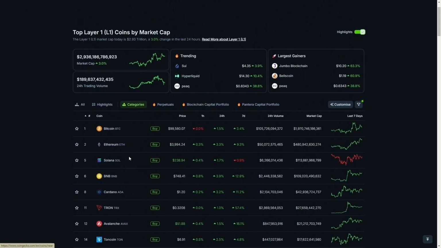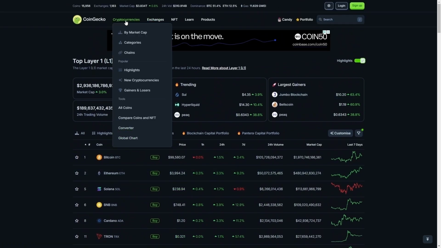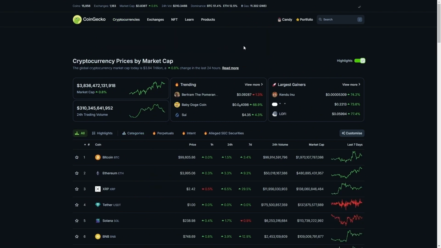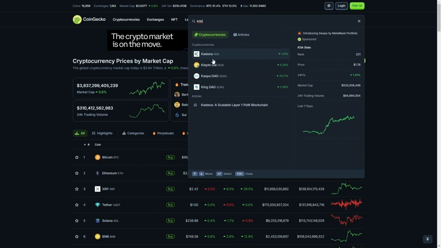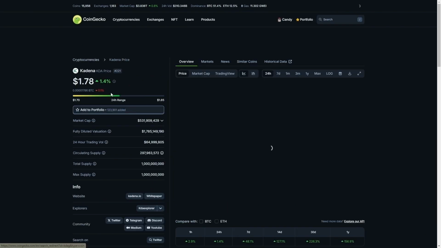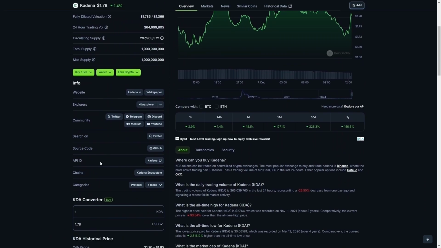For the example of Cadena, you don't even need to go to the layer 1s. Let's go back to CoinGecko. You can just type in Cadena. I select Cadena. I scroll down a little bit. What do we see here? Categories.